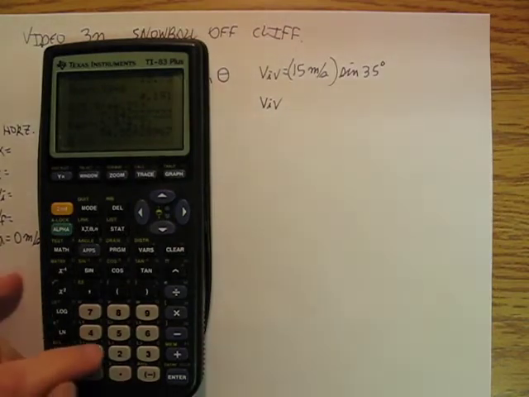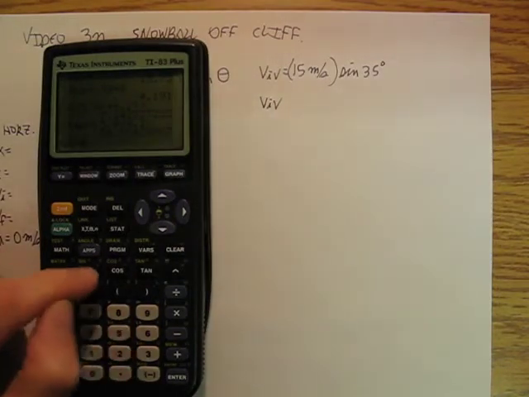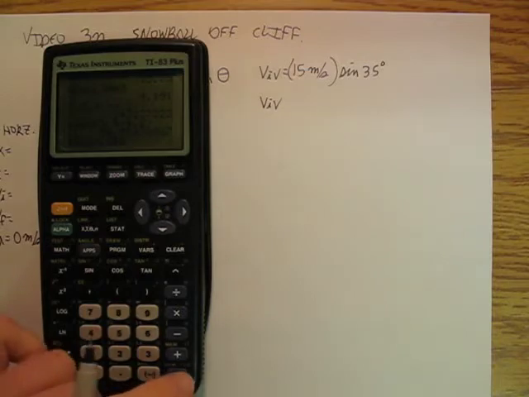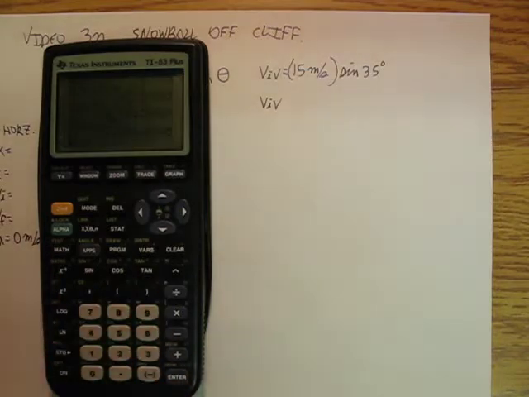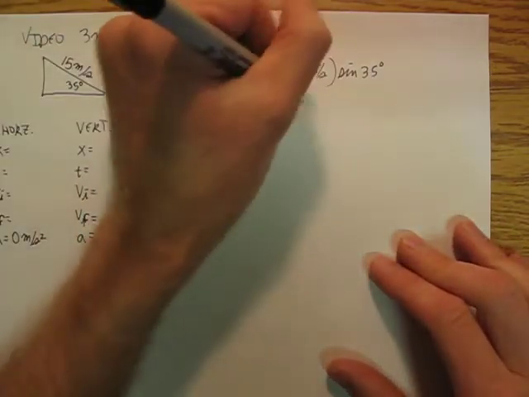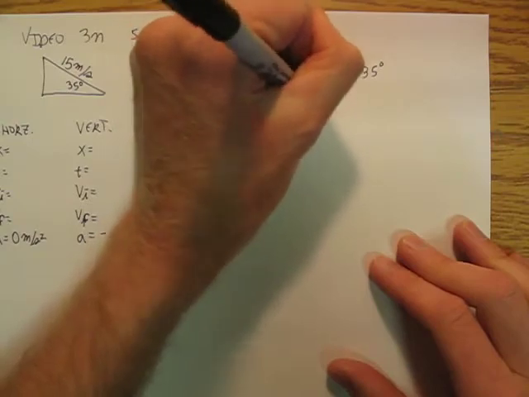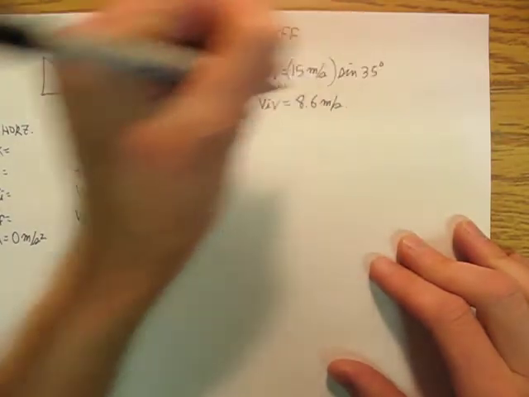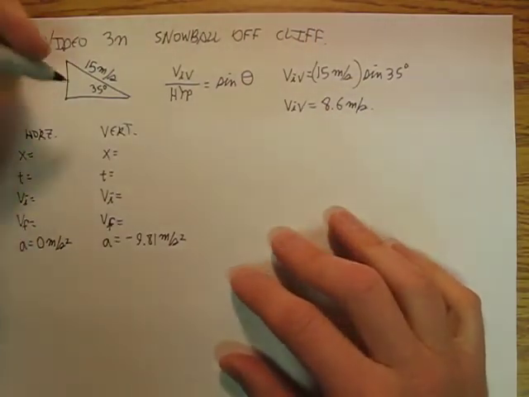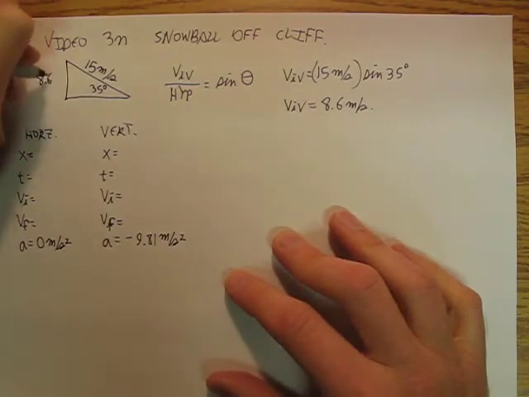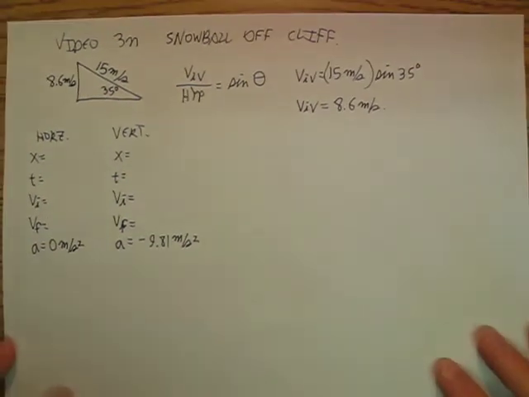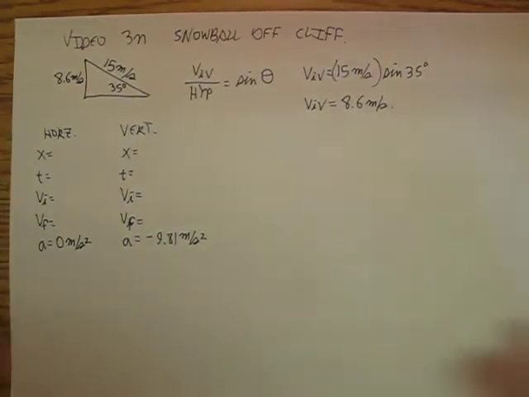So 15 sine 35 is going to be 8.6 meters per second. So this right there, that's 8.6 meters per second, is the original vertical component of the velocity.